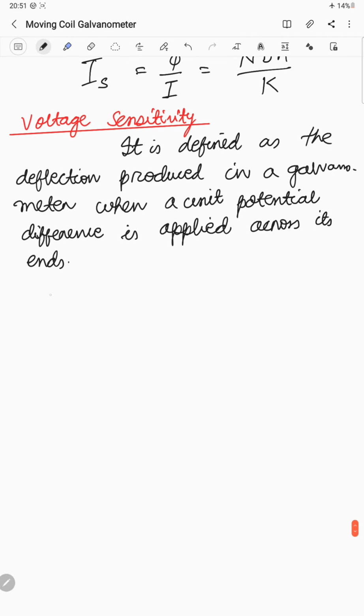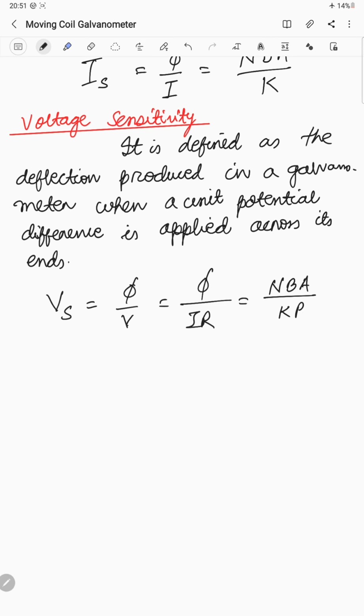It is denoted by Vs, which is equal to phi by V, which is equal to phi by I into R, Ohm's law, that is equal to NBA by KR.